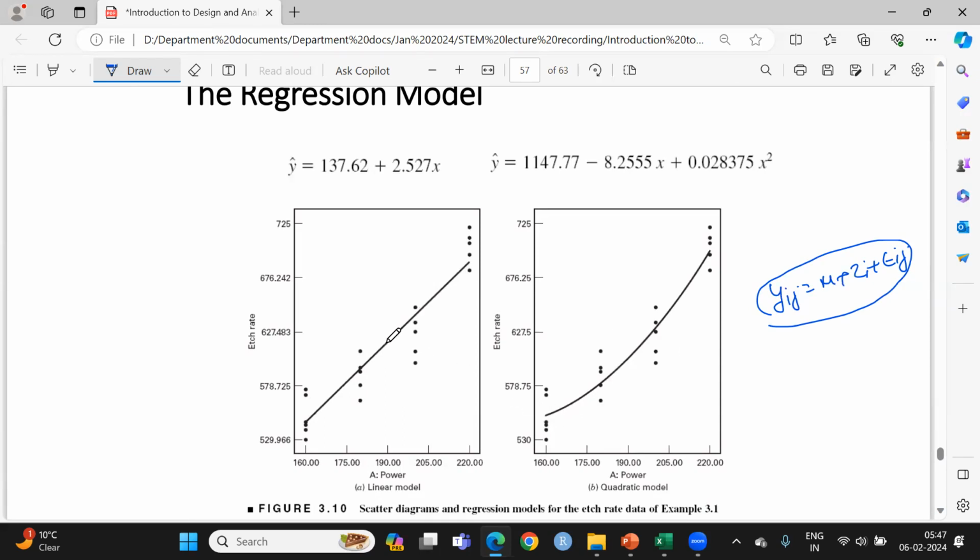If this is a regression line, we can consider one more term that is not linear in terms of the variable, so that it explains the variability in a better manner. One can cross check that. This is a linear model, and this is a quadratic model, because we have taken the x squared term in the model also.